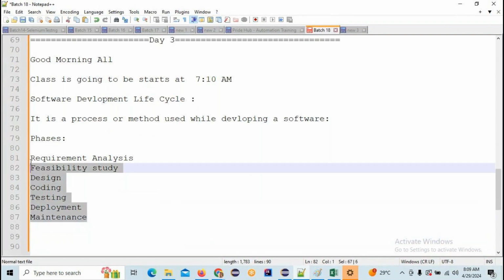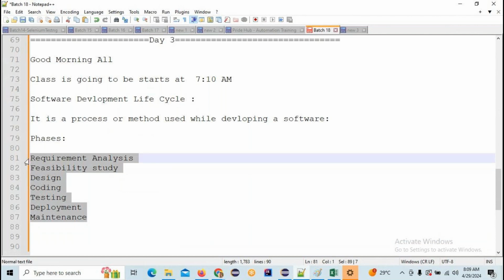We have different sets of models. As I explained in the previous classes, if you want to prepare a biryani, you can use different variants. For example, if you want to cook a chicken biryani, you can follow one procedure; if you want to cook a dum biryani, you can follow a different procedure.